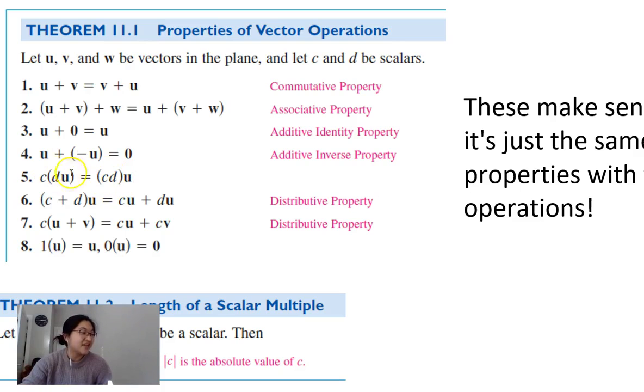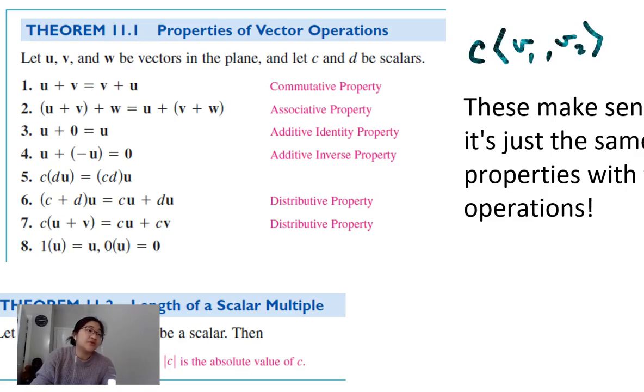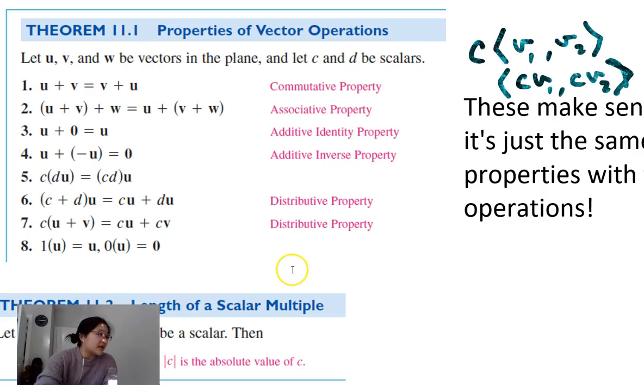That doesn't change. When you're doing this scalar multiplication, that is happening with a c times your vector v1, v2 in component form. So that's going to be c times v1, comma, c times v2. And scalar addition or the distributive property works both with 2 scalars and with 2 vectors.